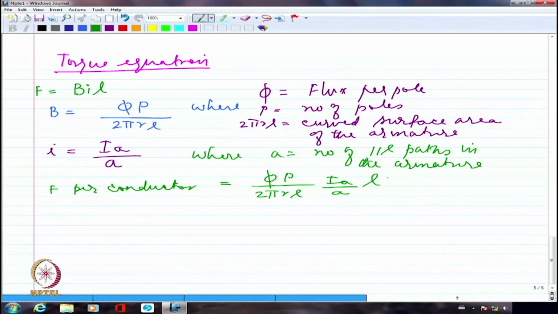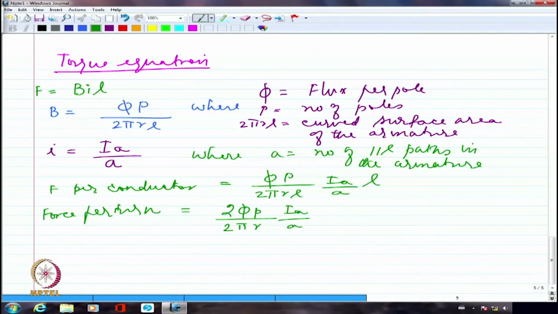If I want the force for 2 conductors or 1 turn, I have to multiply this by 2. So force per turn will be 2 phi P divided by 2 pi R multiplied by IA by A.